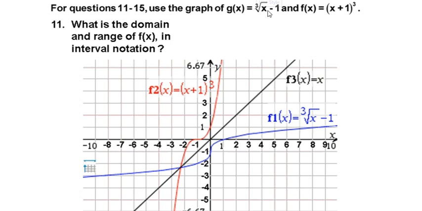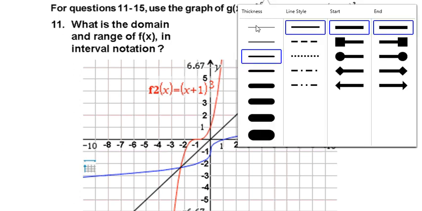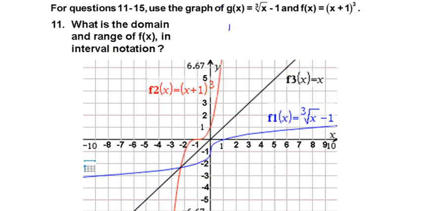So I'm going to get a skinnier pen here. Okay, domain for f of x.